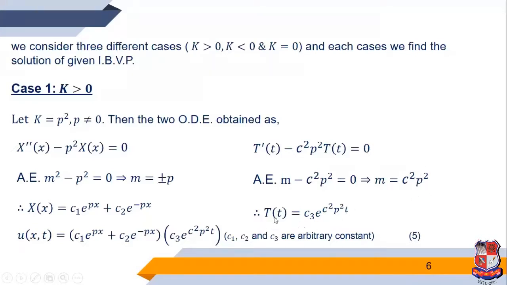So we write T of t is equal to C3 e raised to c square p square t. And we combine both because the solution form is u x,t is equal to X of x, T of t. So C1 e raised to px plus C2 e raised to minus px into C3 e raised to c square p square t, where C1, C2 and C3 are arbitrary constants.